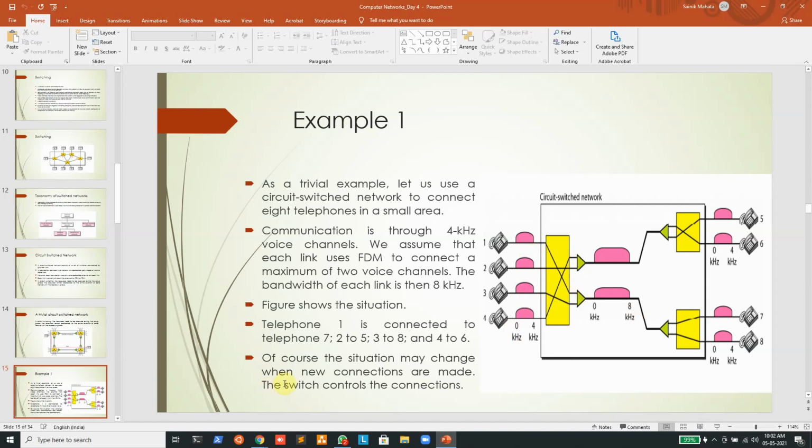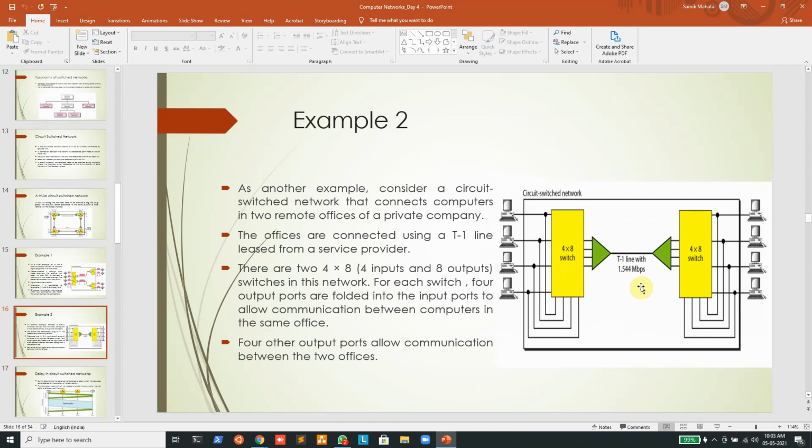If the communication channel is released and some other telephone lines want to communicate with each other, this situation can change. If they are already communicating, this situation will not change. If they have stopped communicating, this connection can change. We will be able to understand this better in the next half of the slides.